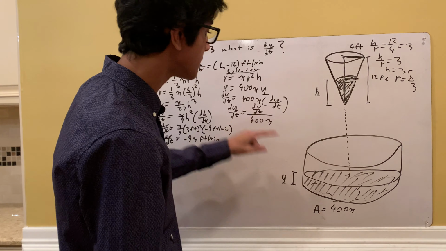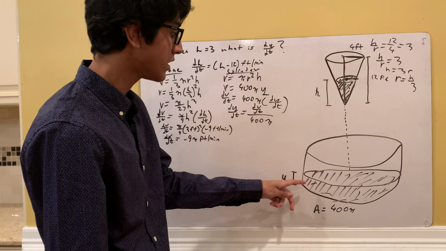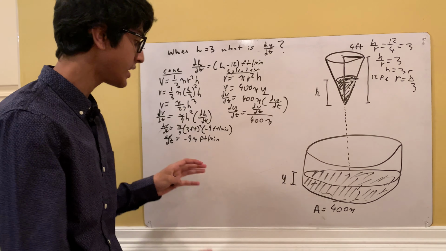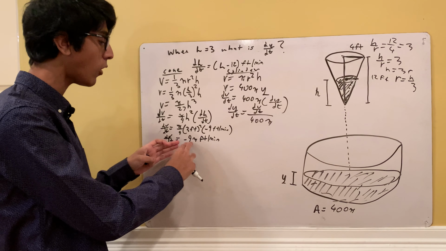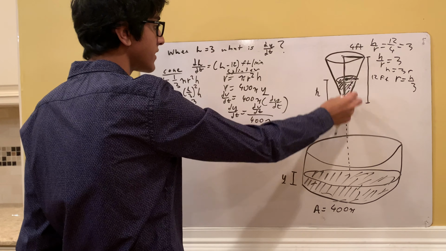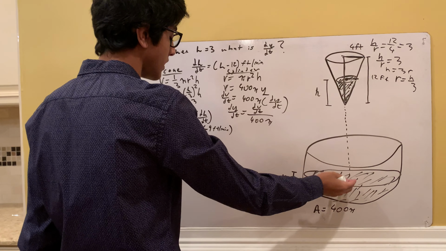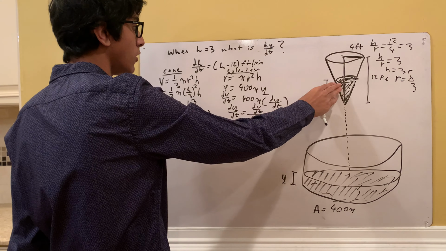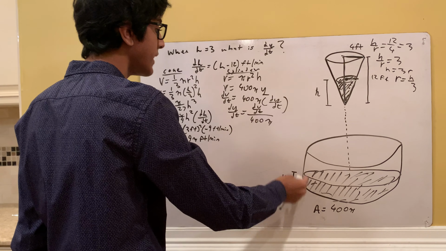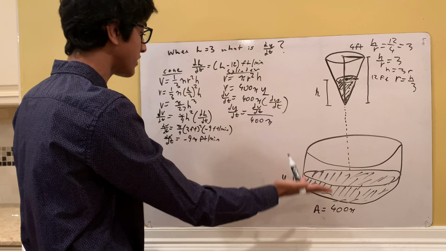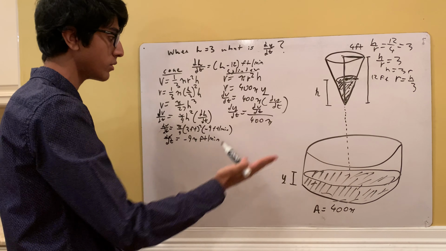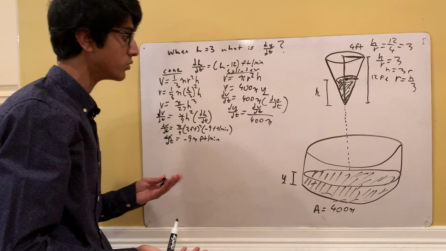What is dv over dt for this second container? I mentioned this in the beginning. It's going to be the same as this one, but with an opposite sign, because all the liquid that exits this container has to enter this container. So the change in the volume has to equal the change in the volume in this one, except with a different sign: a negative change in volume, positive change in volume, but with equal magnitudes.